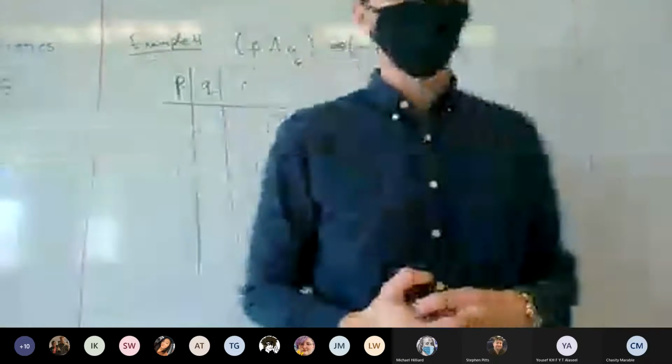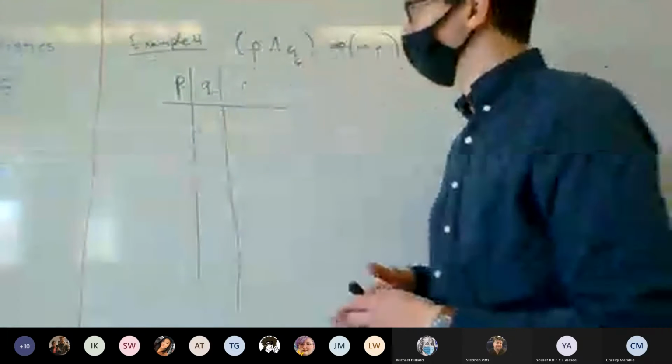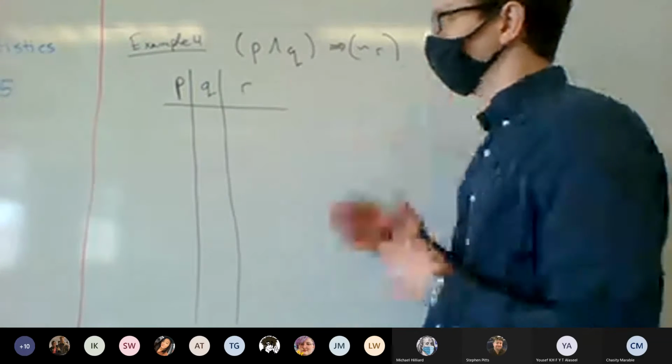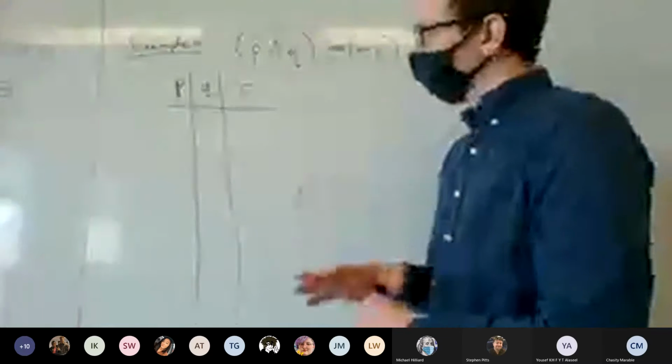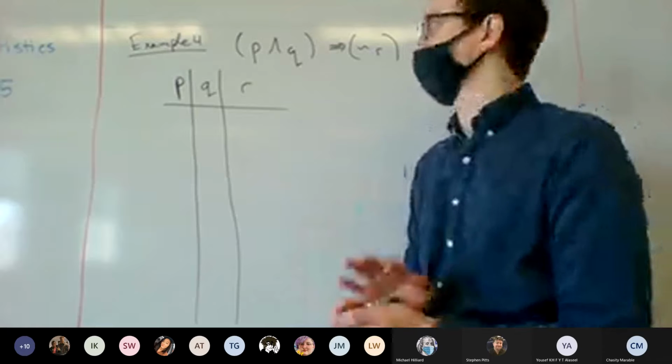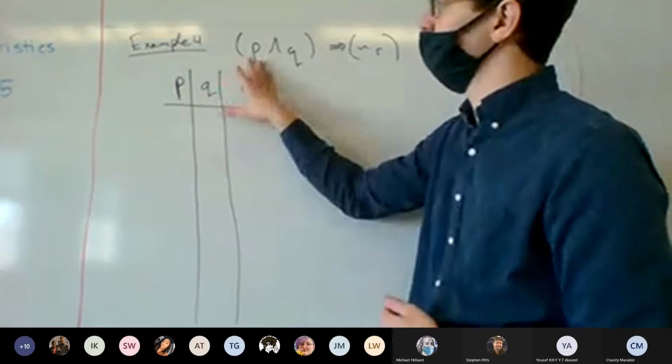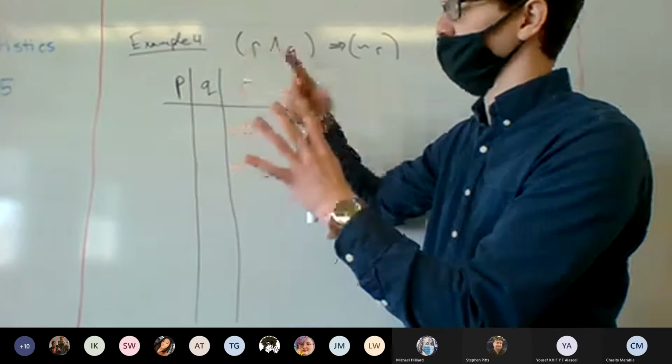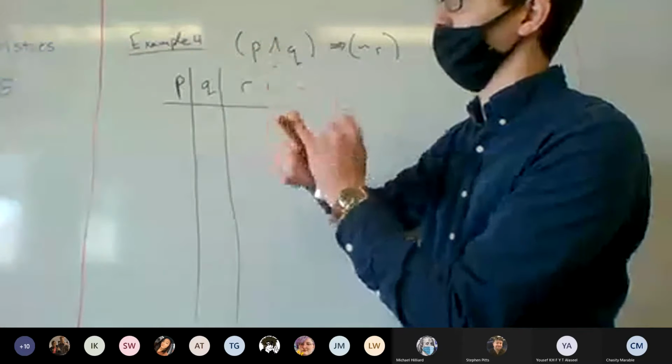I need to think of every combination of truth values for these 3 before I start thinking about the rest of my table. With just 2 letters, there are 4 combinations: true true, true false, false true, false false.